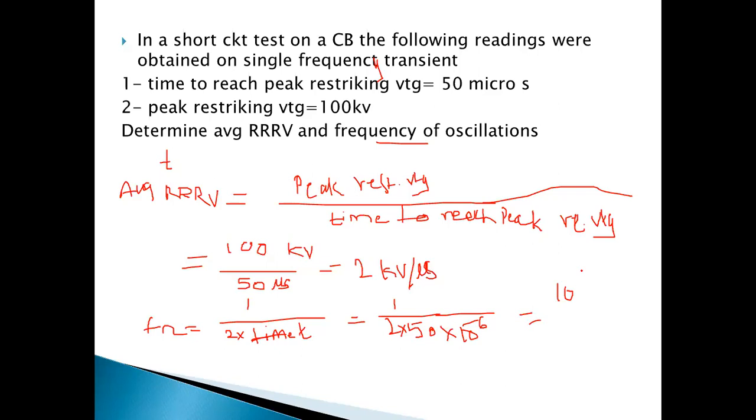So it is 10 raised to plus 6 divided by 100, which leaves 10 raised to 4, meaning 10,000. So Fn is equal to 10,000 hertz. So this is the answer. Such simple questions can be asked in the examination, so remember the formulae for that.